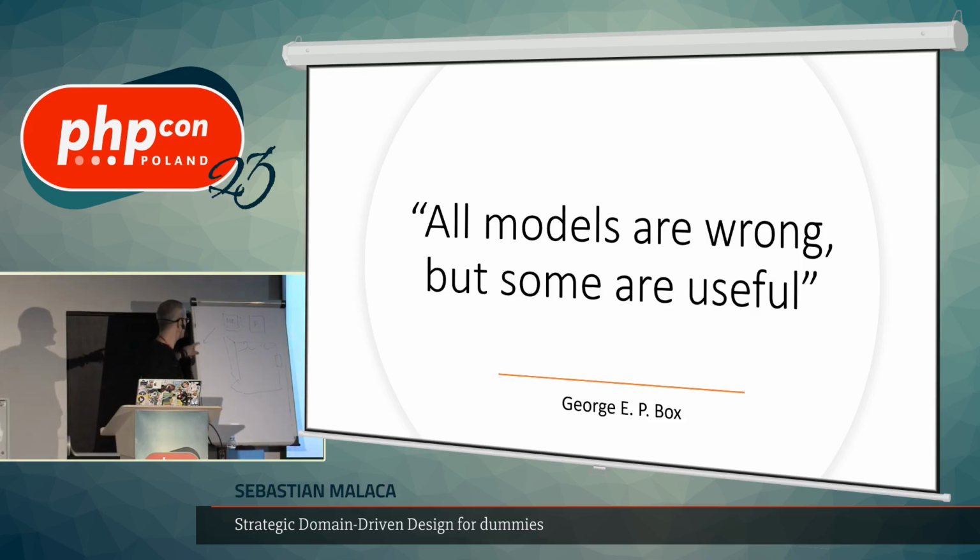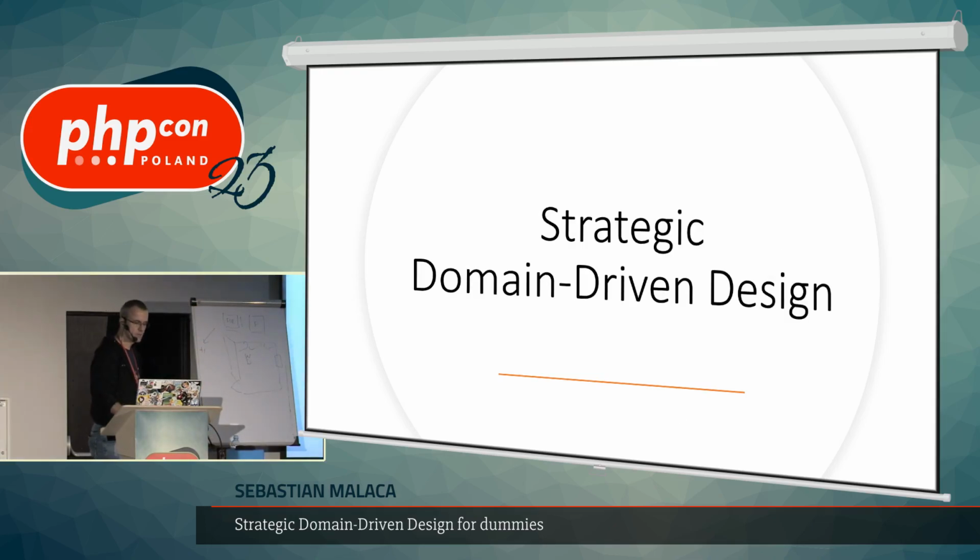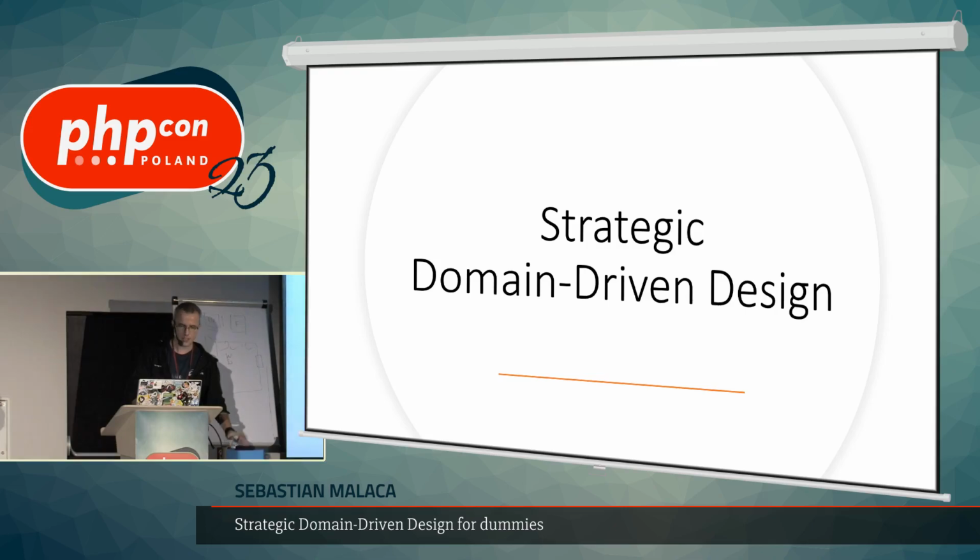Because here I will need a height. Here I had to know the width and depth. So multiple models that reflect the same item are still fine. Okay, so this is about problem and solution space. So now, how does strategic domain-driven design help us?